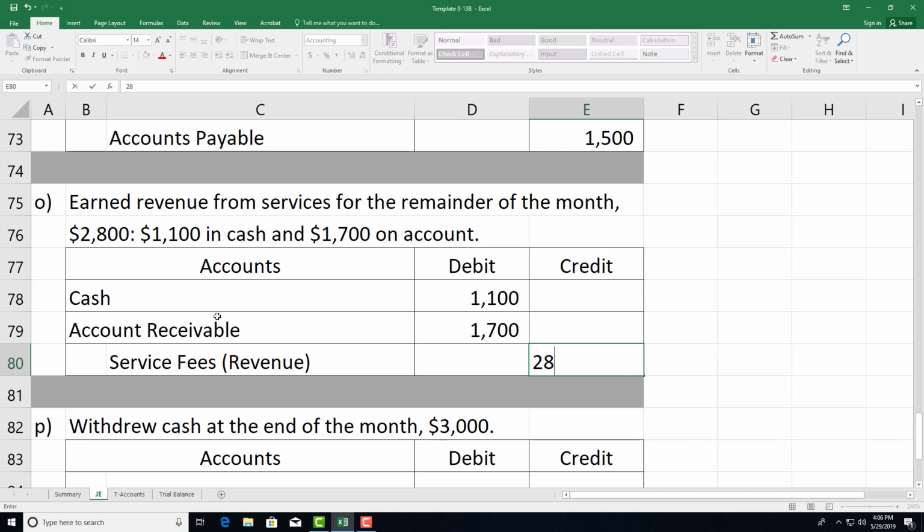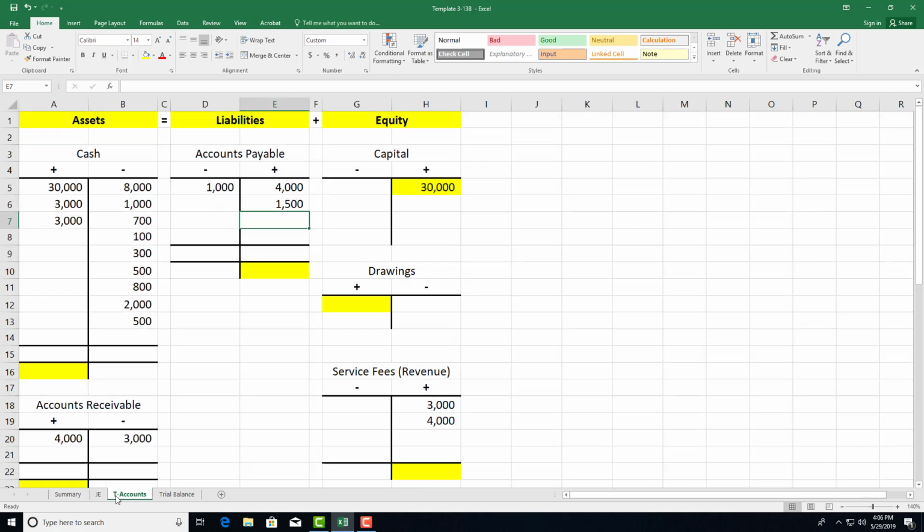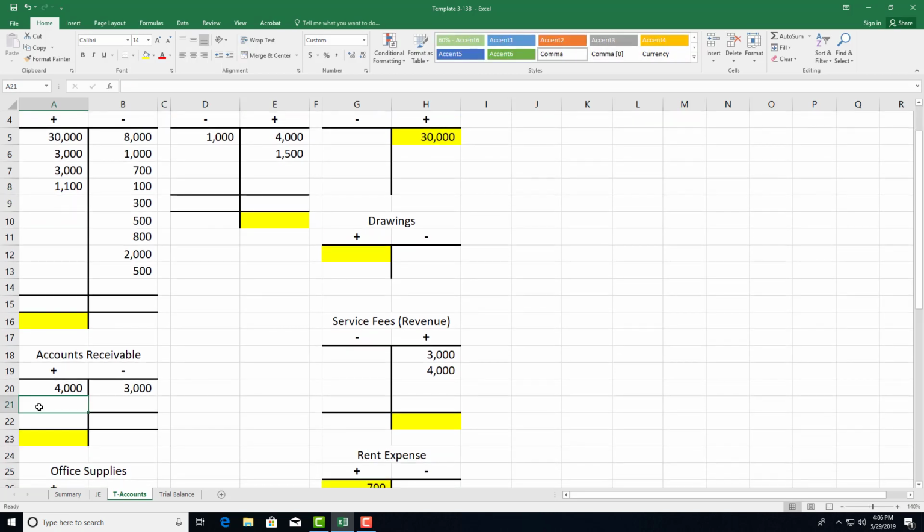And we're going to recognize revenue for all $2,800. So cash has increased $1,100, debited $1,100, accounts receivable $1,700, and revenue all $2,800.